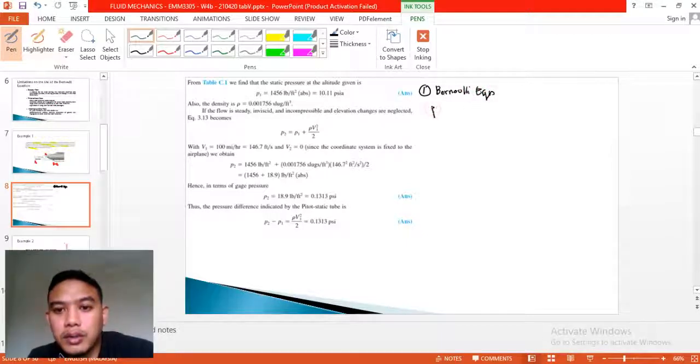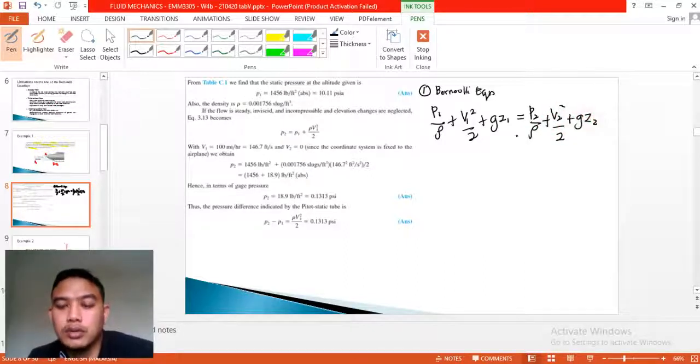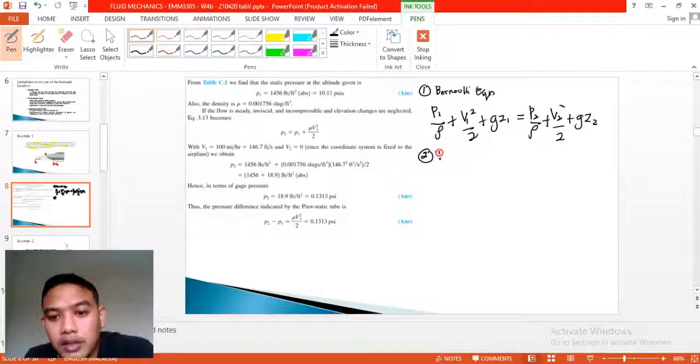So here it is: P1 divided by rho plus V1 squared divided by 2 plus gZ1 is equal to P2 divided by rho plus V2 squared divided by 2 plus gZ2. So that's your first step. The second step you need to do is find the info. What is your information?